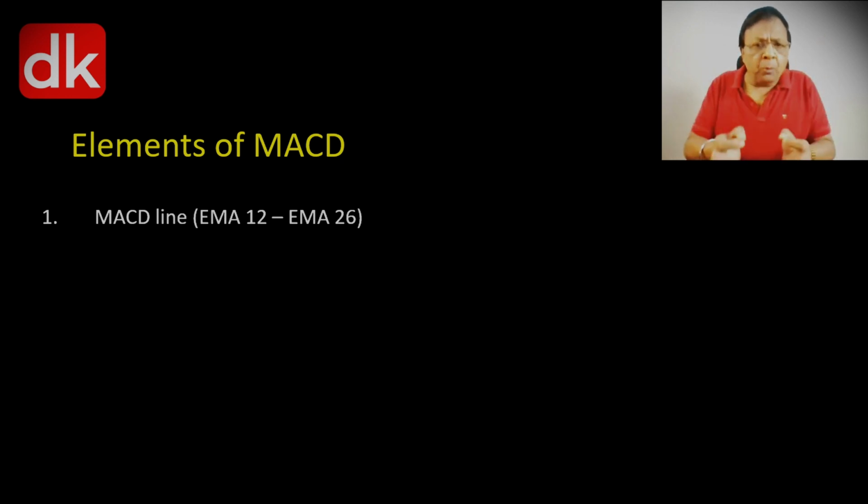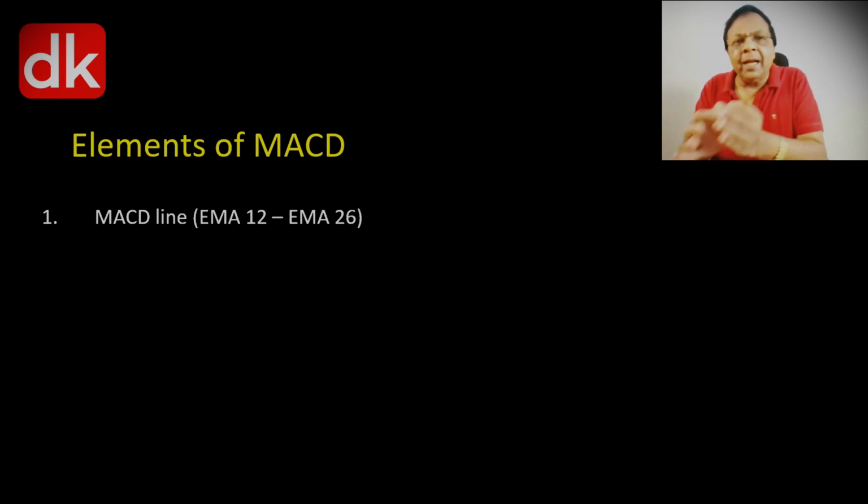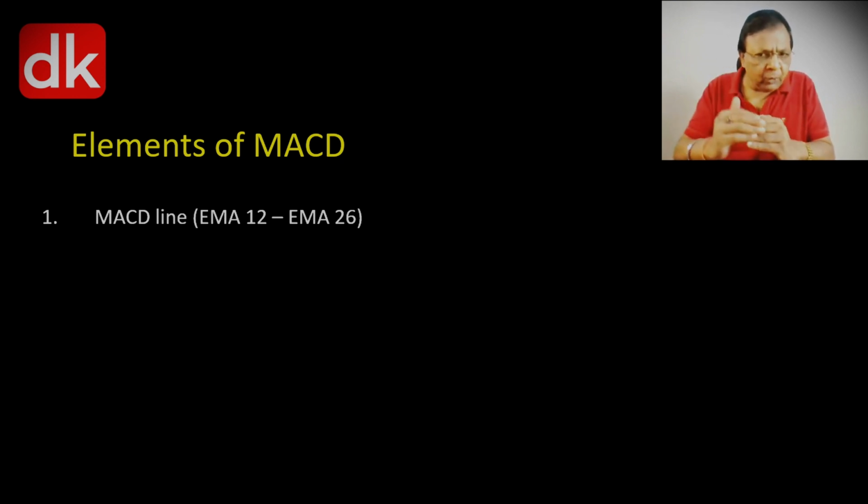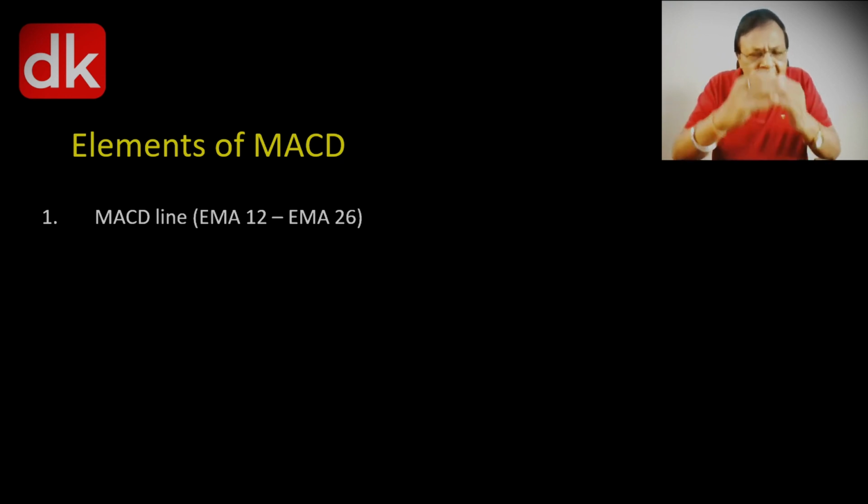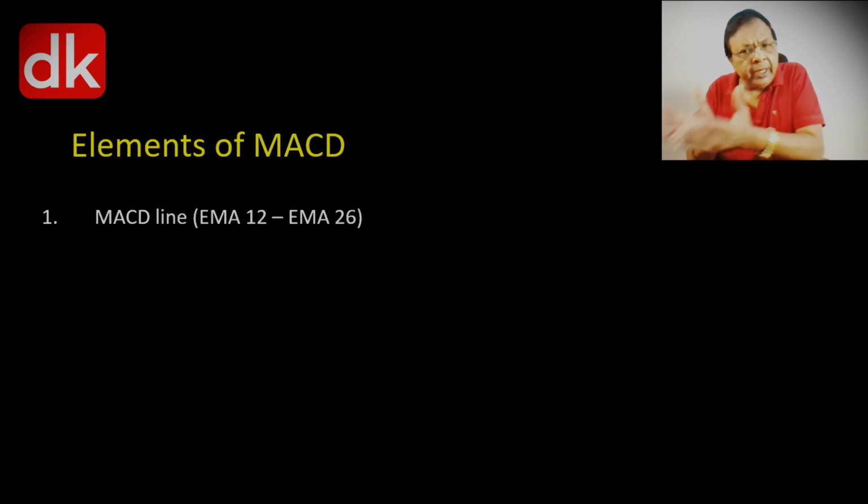The very formula of the MACD line indicates EMA 12 minus EMA 26, which means what? If EMA 12 is above EMA 26 on the price chart, it will show the positive value. And when EMA 12 is below EMA 26, it will show the negative value. It is a basic arithmetical formula.